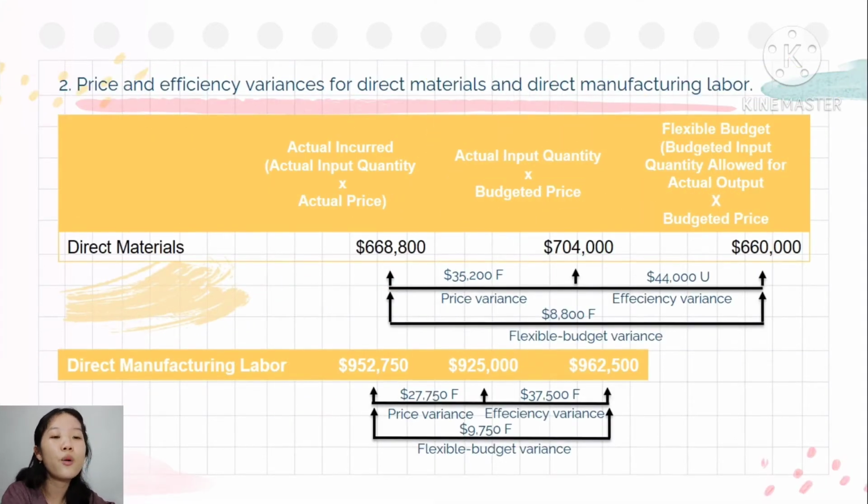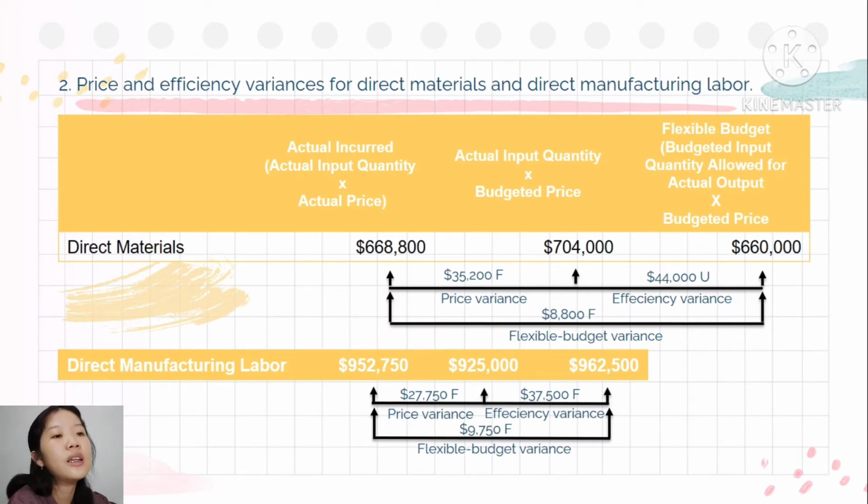Okay, next we go to the second question. We have to calculate the price and efficiency variances for direct materials and direct manufacturing labor.